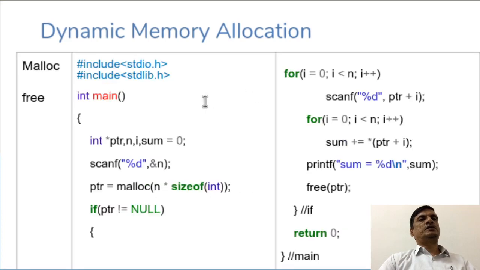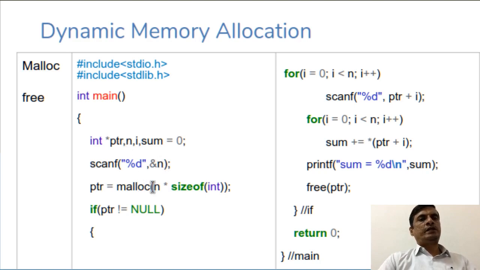This simple program illustrates how you can use the malloc and free functions. Here ptr is a pointer variable which points to int, and n is the size, that is, how many locations you want to assign to the pointer variable.